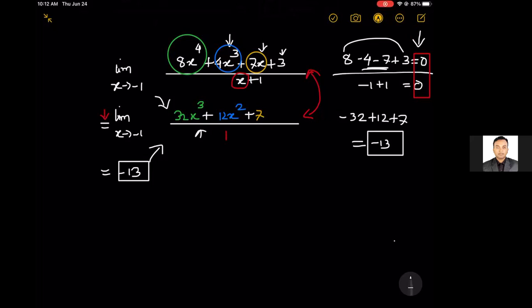If we have, very good, just find the value. If we haven't, keep using the L'Hopital rule until we have a value which is defined, which can be determined, right?